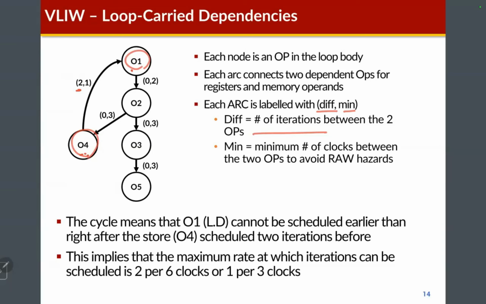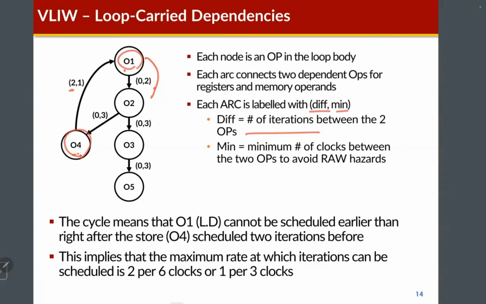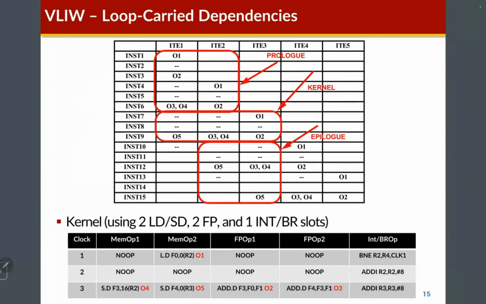Also, we can find some clock delays between instructions. The latter number represents the minimum number of clocks between two instructions. Based on this information, compilers can generate the instruction groups like this.